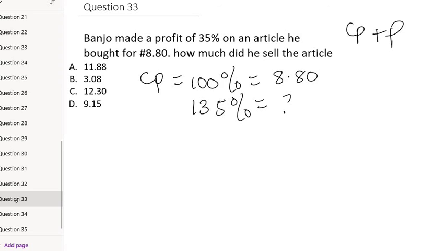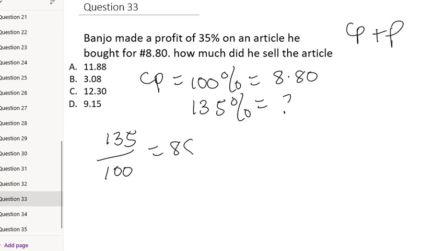So selling price will definitely be more. If 100% is 8.80, 135% will definitely be more. Remember the slogan, if more, less under. 135 goes on top, and 100 will be under.